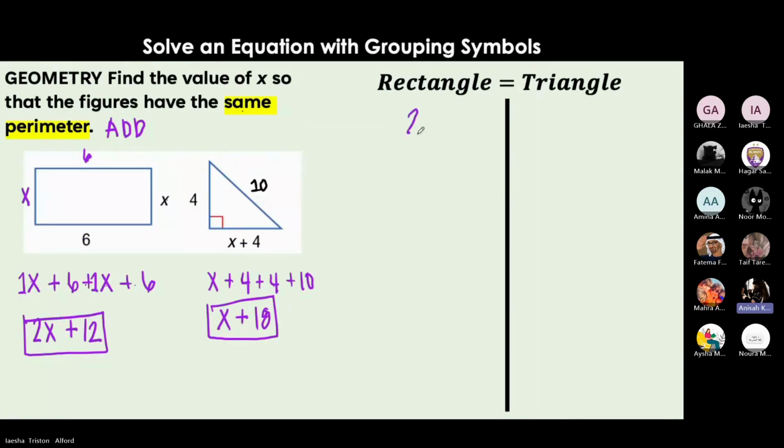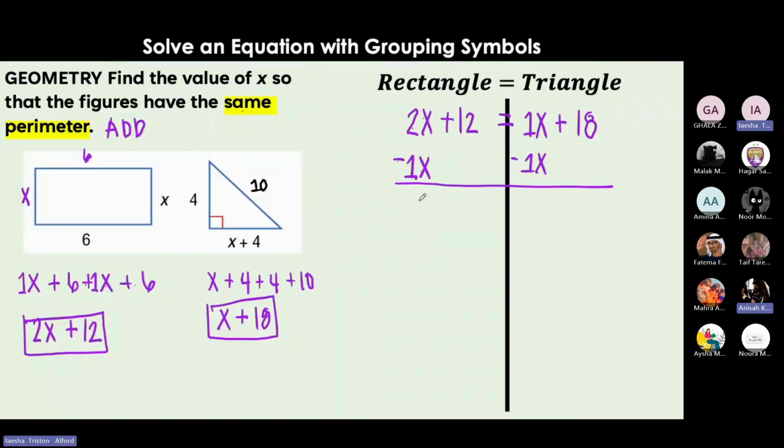Then solve. 2x plus 12 is equal to 1x plus 18. So what now? Here we have two variables, so we'll say negative 1x on both sides. Then positive 1x, we're going to go with the negative 1.